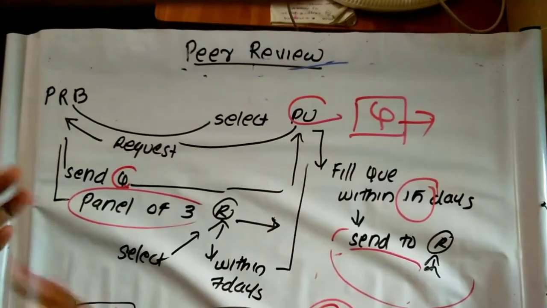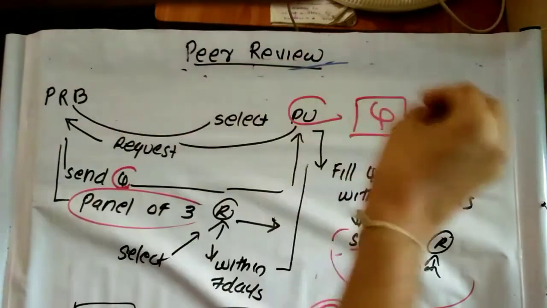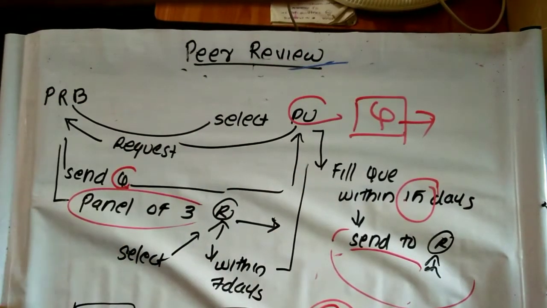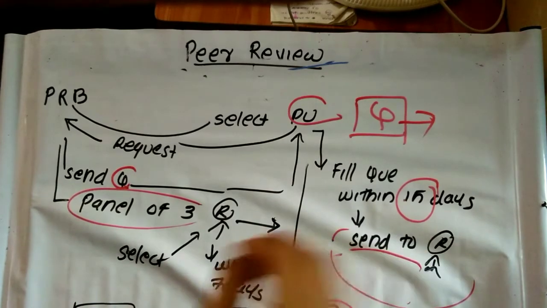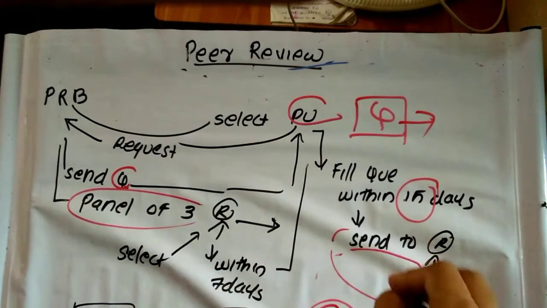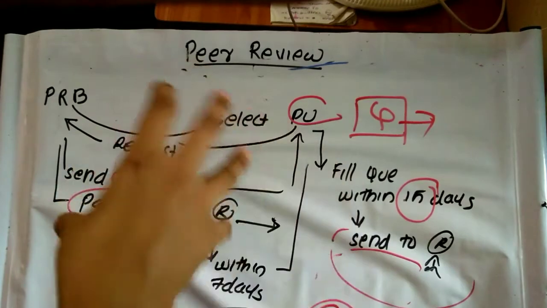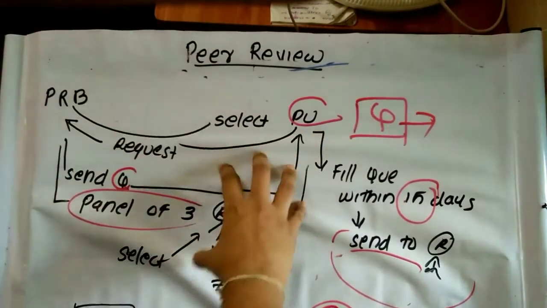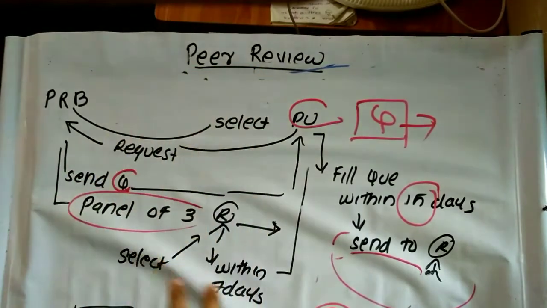So here, the first case was the peer review board notifying the practicing unit, or the practicing unit requesting the peer review board to conduct peer review on it. After notifying them, the peer review board shall provide a questionnaire to the practicing unit along with a panel of 3 reviewers.